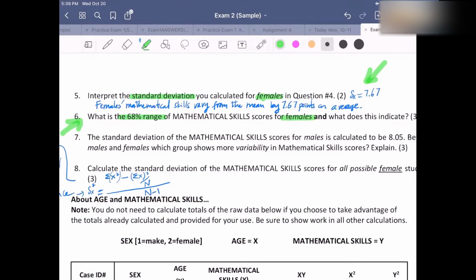And these are very important exams, so make sure that you know how to do them. All right, go ahead and type in the chat for me. I got Brianna's already.